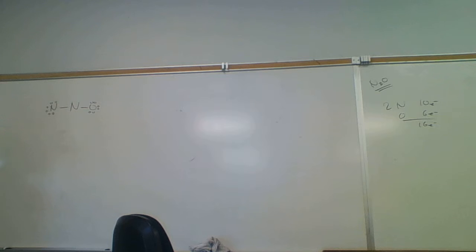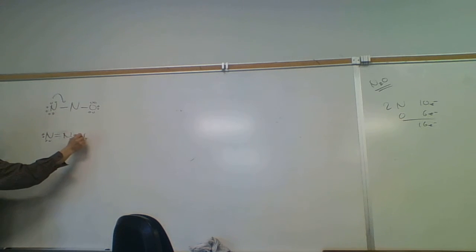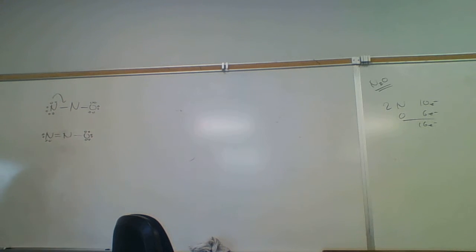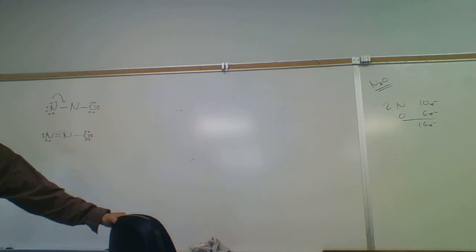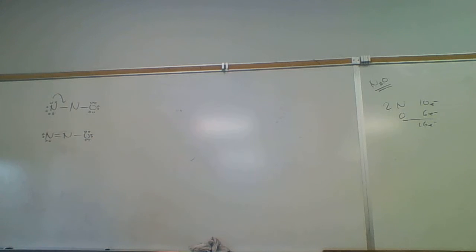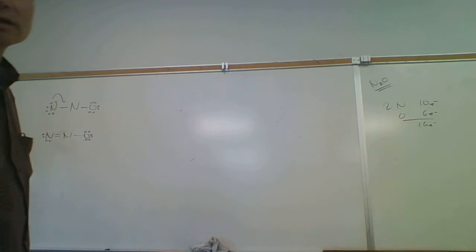And so the middle nitrogen doesn't have an octet, so we're going to have to form multiple bonds here. And so who's going to sacrifice first, nitrogen or oxygen? Okay, so let's have nitrogen sacrifice first, and then we'll generate a double bond here. Okay, we're still short of an octet. So who will make the next sacrifice?